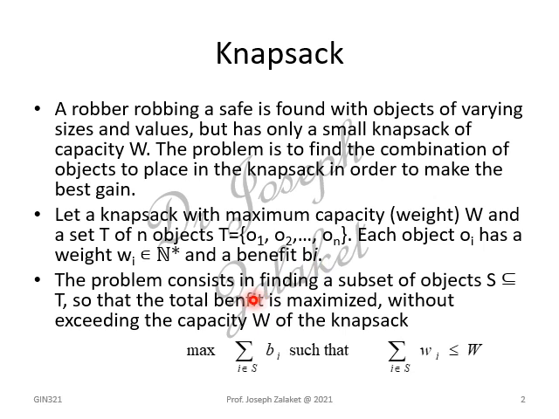The problem consists in finding a subset of objects S included in T, so that the total benefit is maximized without exceeding for sure the capacity W of the knapsack.